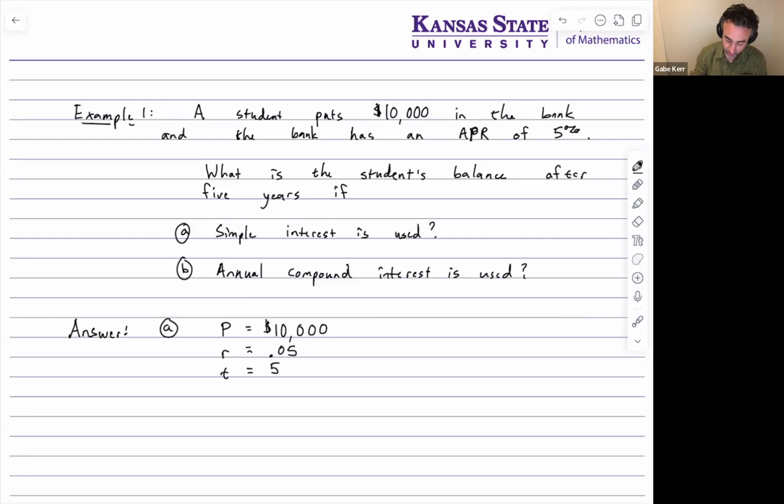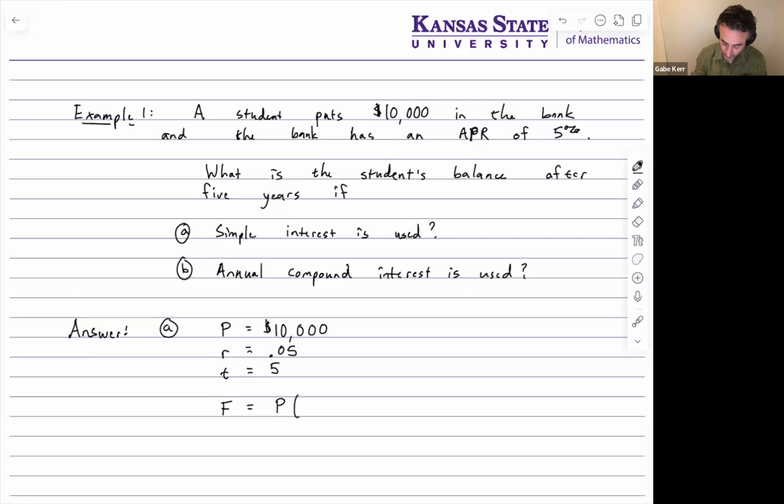What we're trying to calculate here is the student's balance after 5 years, which is the future value. If you'll recall, there's a formula for that.